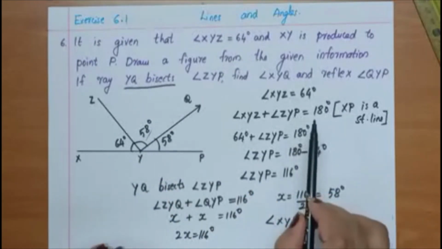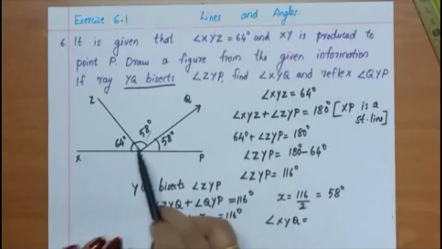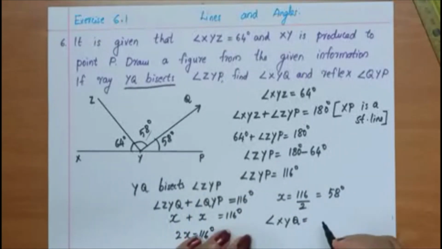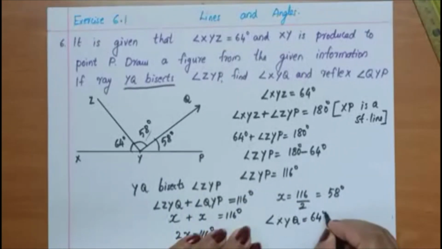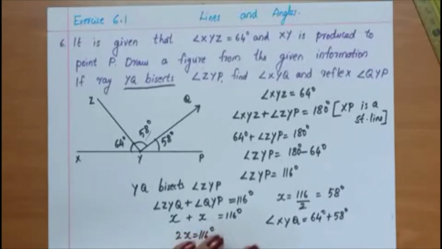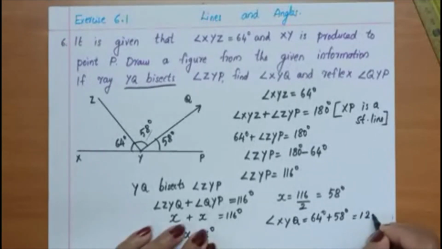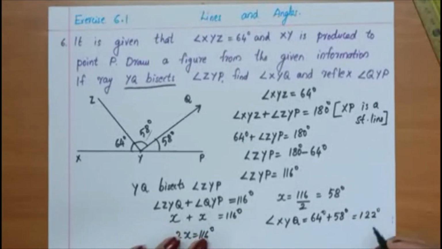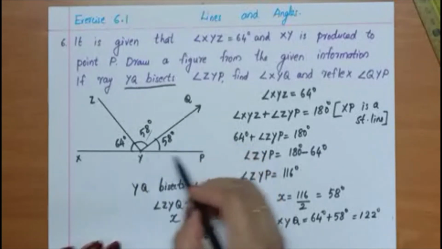And the question is find angle XYQ. So angle XYQ, how to find it? 64 degree plus 58 degree. What is 64 plus 58? Equal to 122 degree.